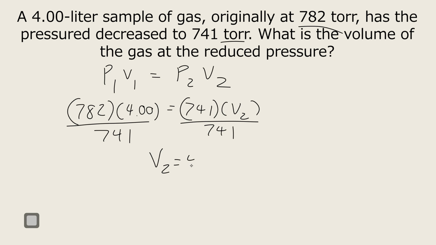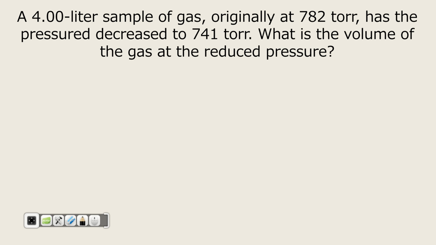V2, with sig figs, is 4.22. What am I? Liters. So just make sure you get the right unit with it. But that's it. That's Boyle's Law. Okay? So just using the formula correctly so far. Again, we're going to be adding some more formulas, 4 more actually. So we use this one when we're playing with pressure and volume. And that's it. Thank you.